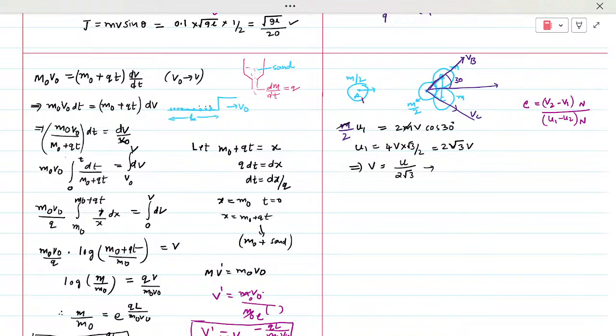This is the first particle, this is second, or this is second, anyone you take, no problem. Between the balls is asked. Therefore, e is equal to. So now this is the common normal, right? This collision has a common tangent here. This is the common tangent. Then this is the common normal. So in this direction, the common normal direction, U has velocity. This is U, means U cos 30.